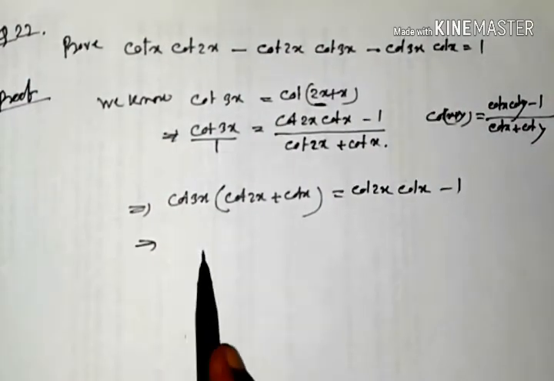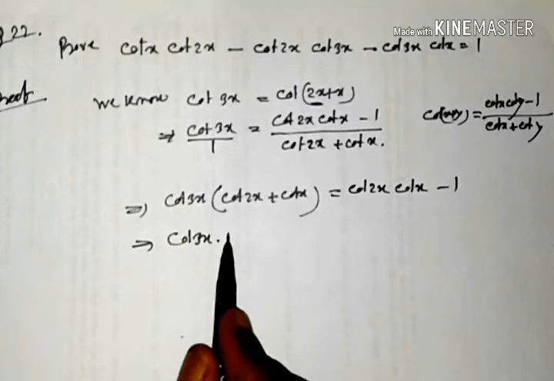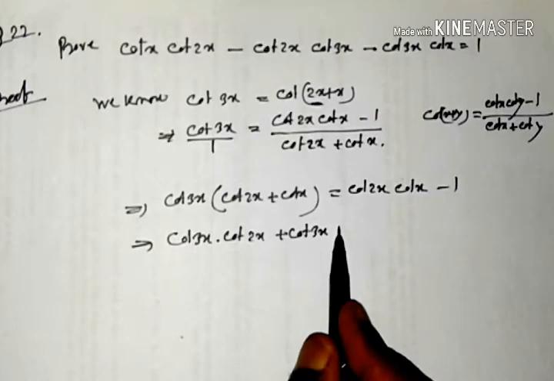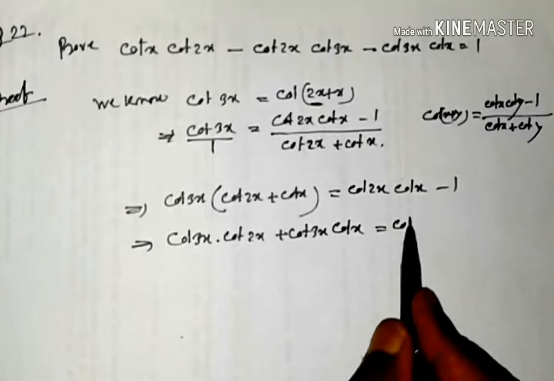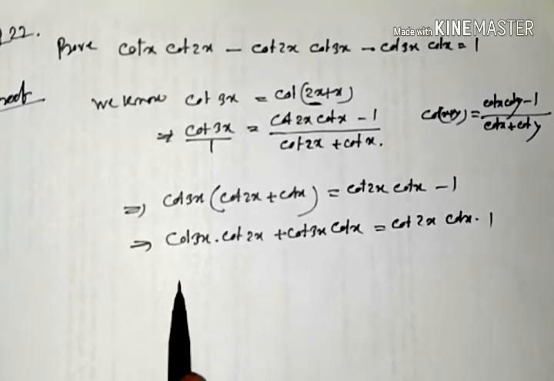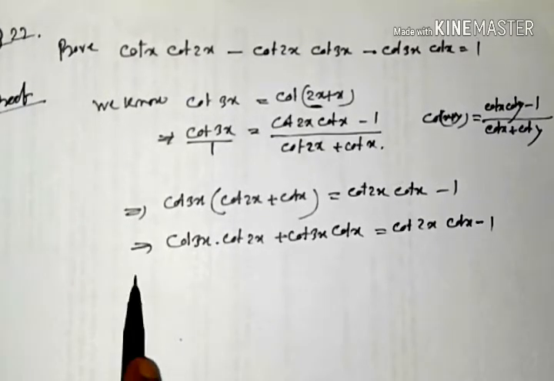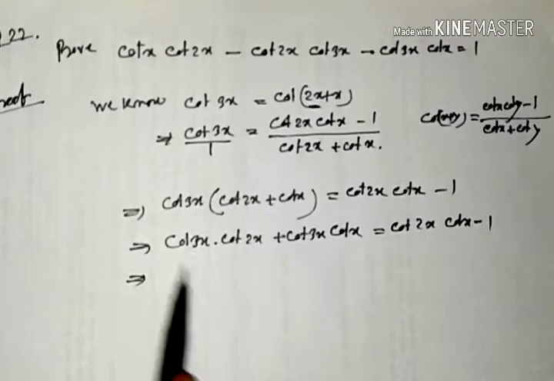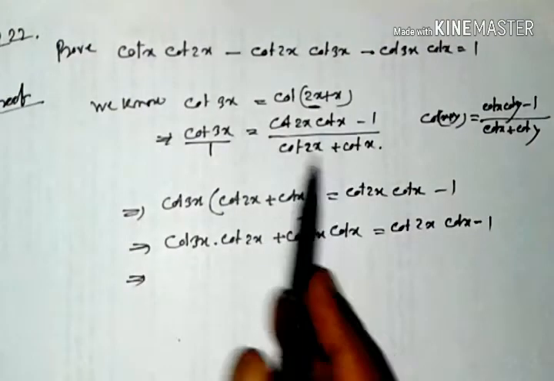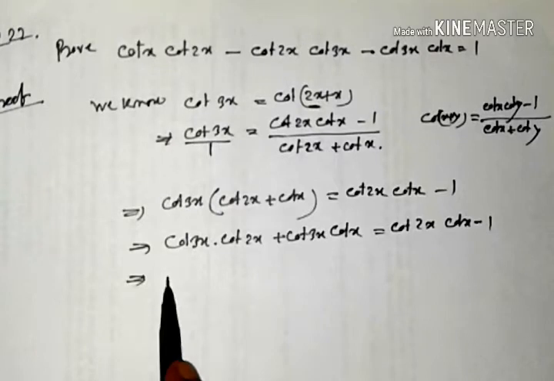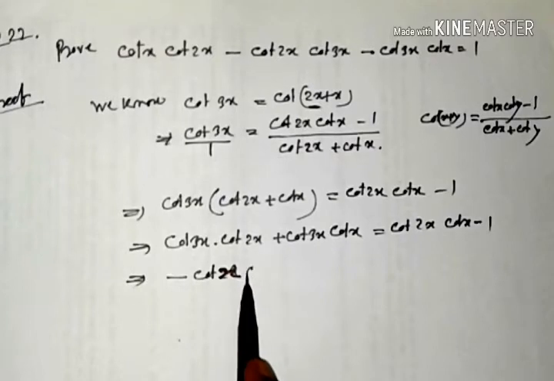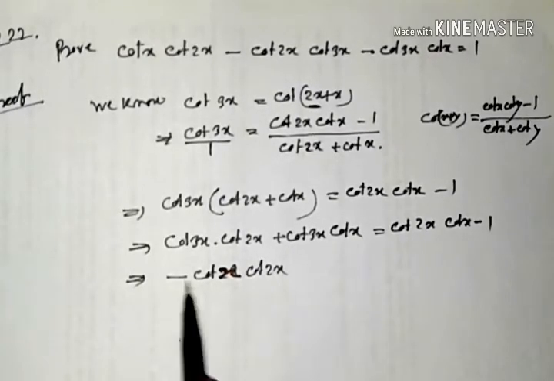Just we simplify it: cot 3x cot 2x plus cot 3x cot x equals cot 2x cot x minus 1. Here we take cot 2x cot x on one side and the others on the other side.